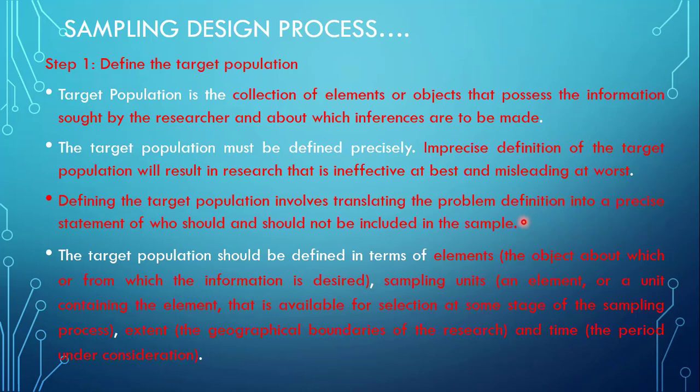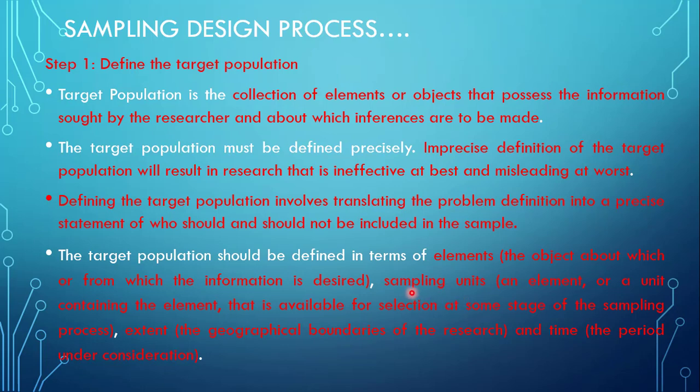In defining your population, there are different things that need to be considered. The first one is the elements, meaning the objective should be identified, and then you are going to identify the sampling units.